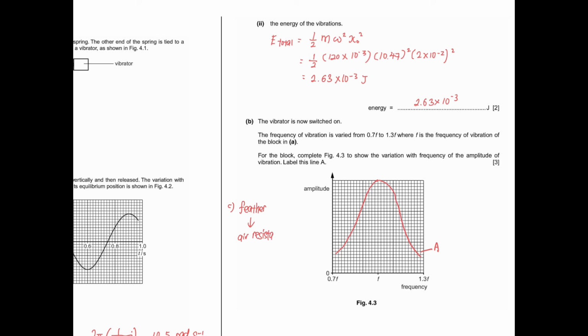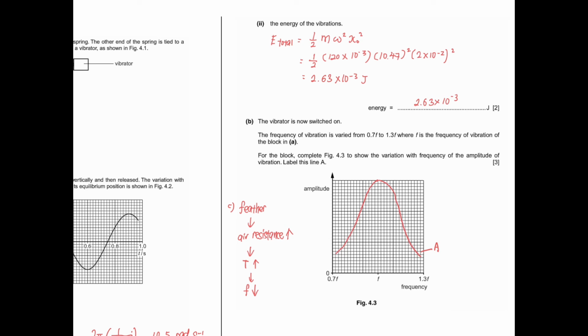Air resistance is getting greater, and then the effect is the period should be greater. It takes longer time to make one complete oscillation, and then the frequency should be lower. So that is the effect of the feather.